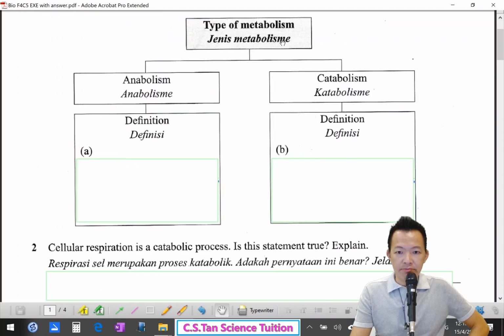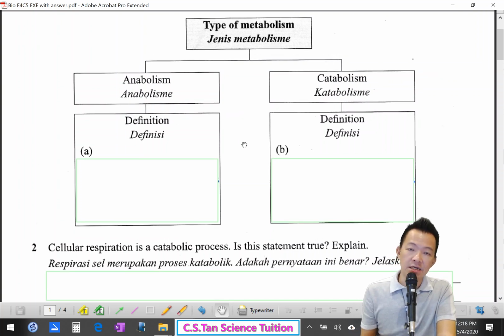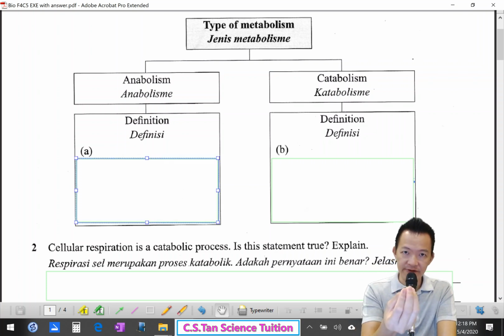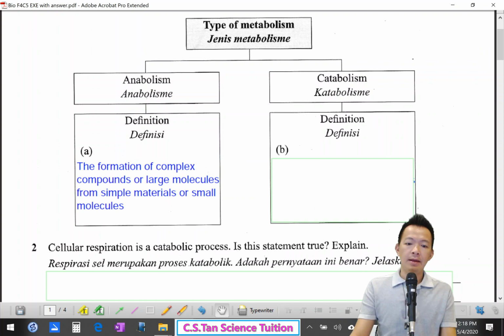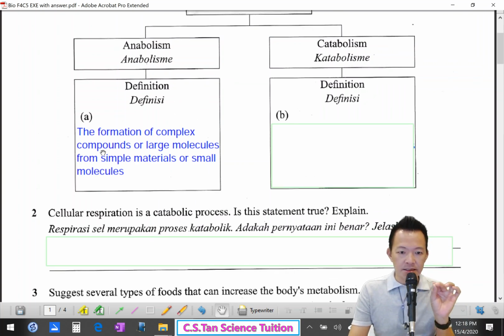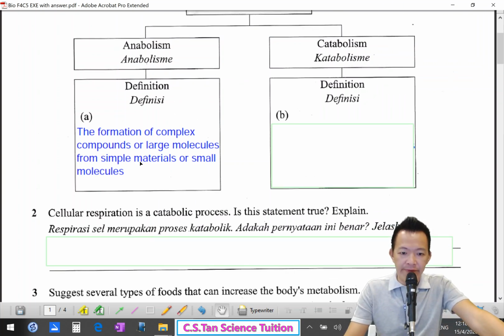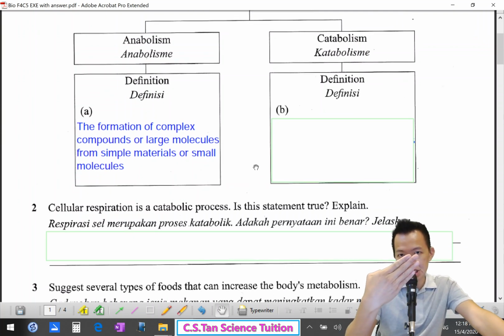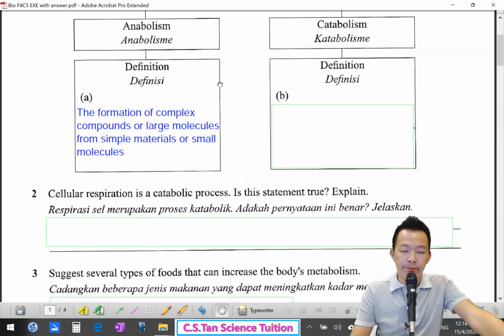Anabolism is a process of synthesizing complex molecules from simple molecules, the formation of complex compounds or large molecules from simple materials or small molecules, and the process absorbs energy.